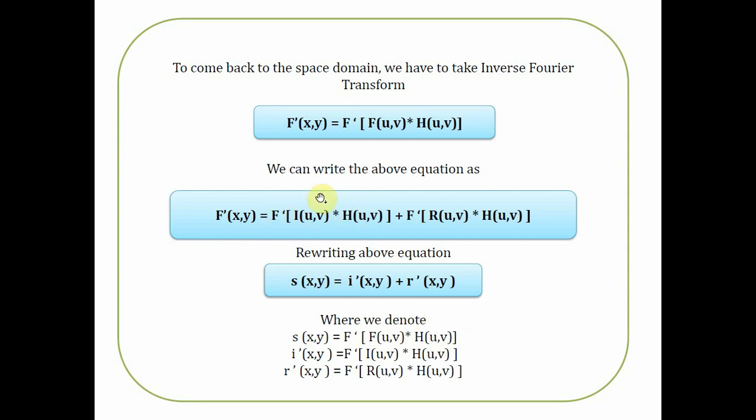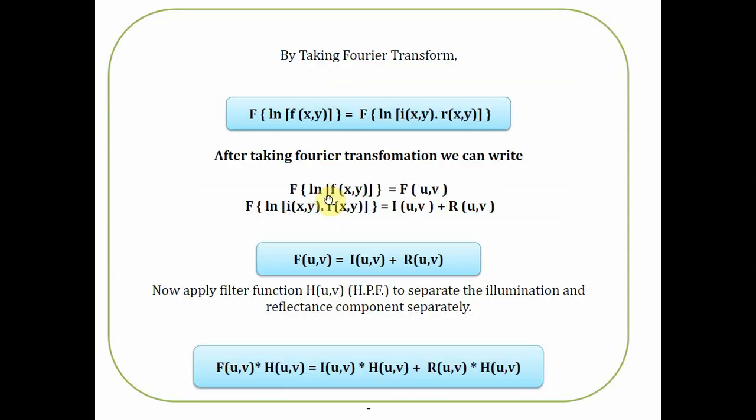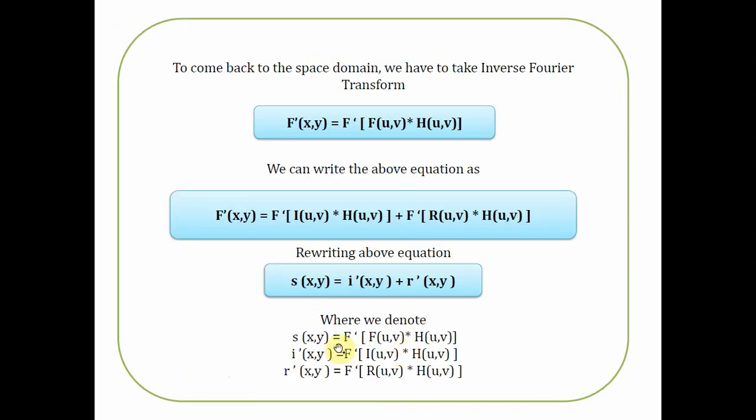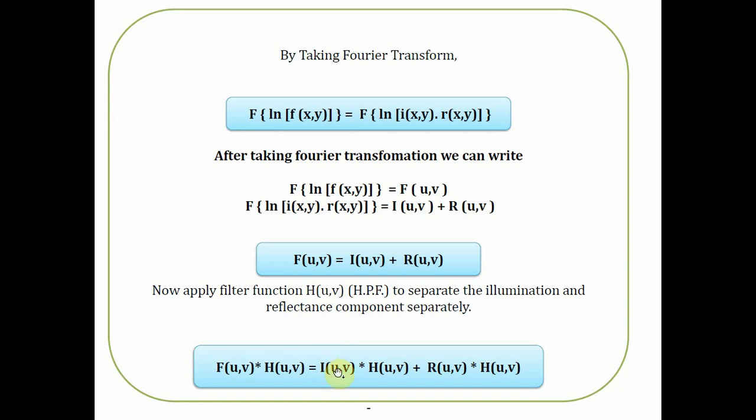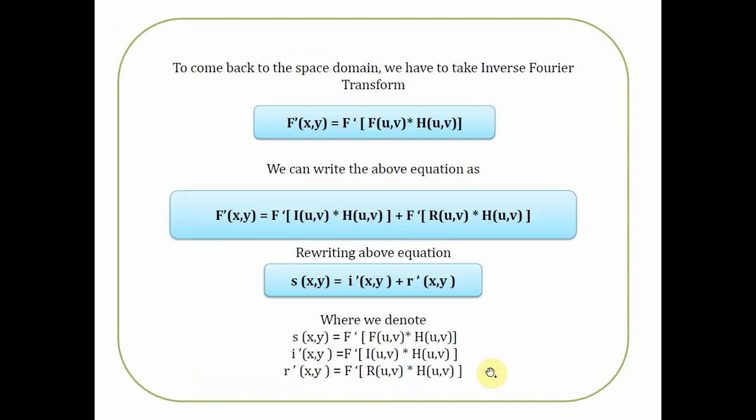The entire quantity is the inverse Fourier transform of this, that is s of xy, and then these two quantities can be represented as I dash of xy and r dash of xy.